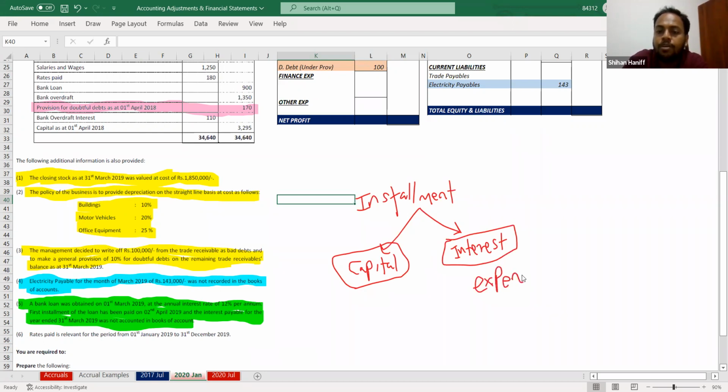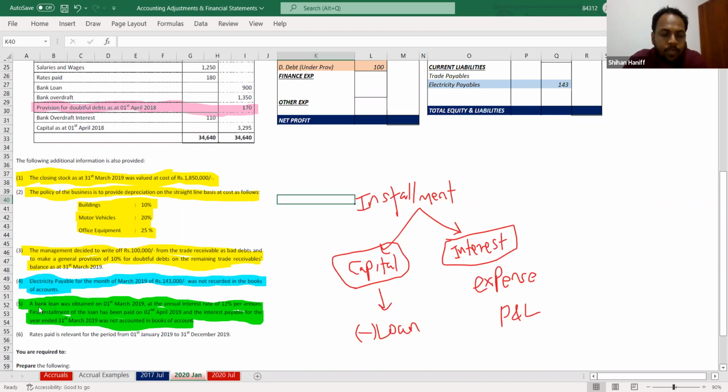The interest portion goes to the income statement, or profit and loss, and the capital portion is deducted from the liability of the loan account.